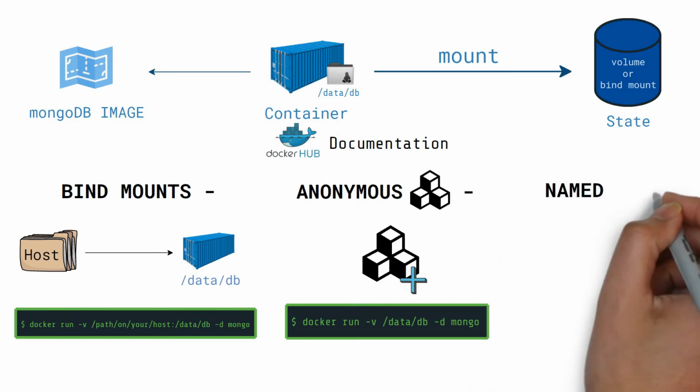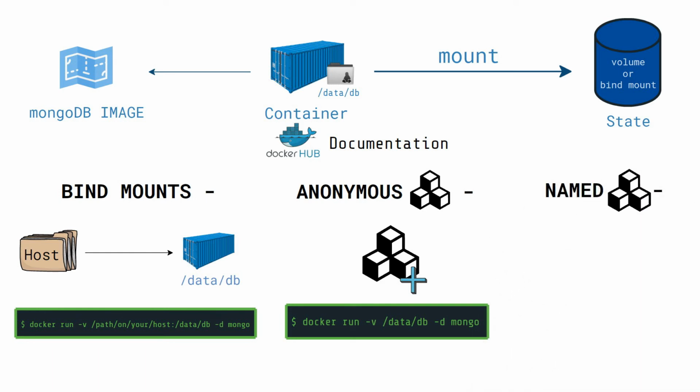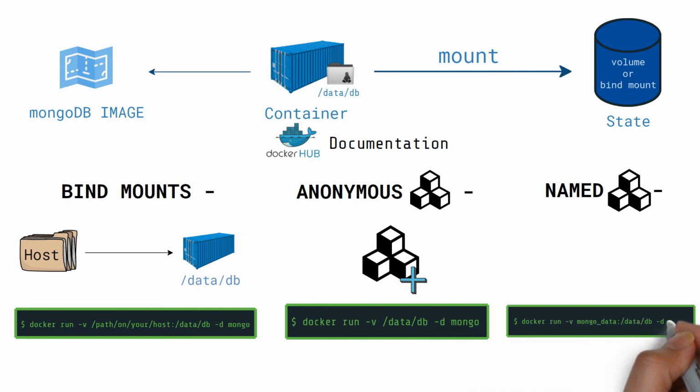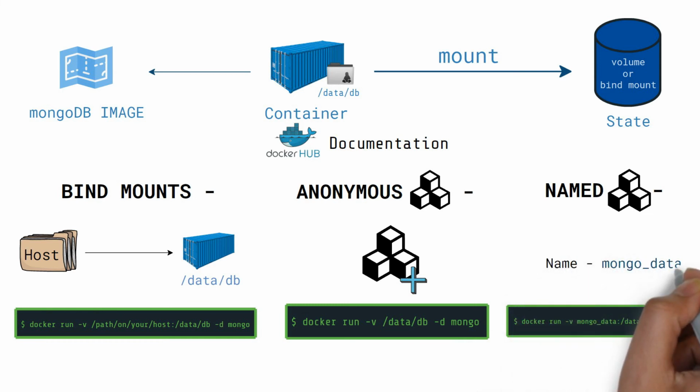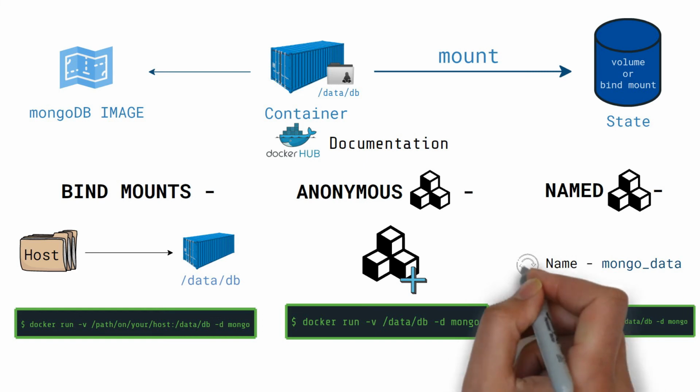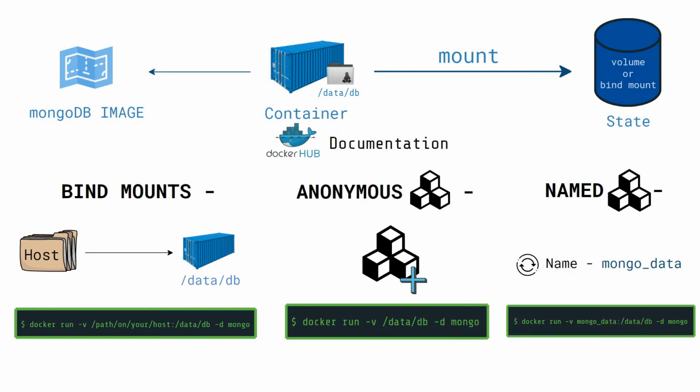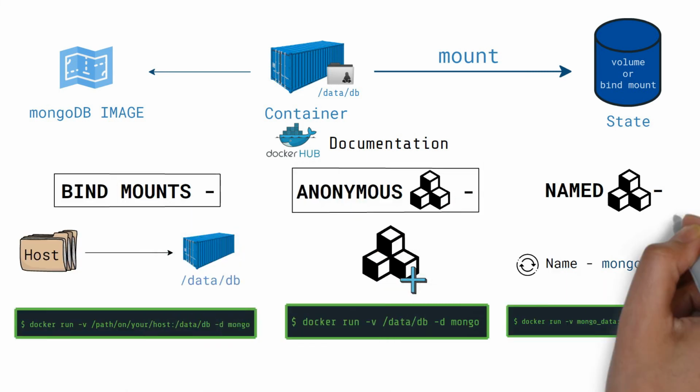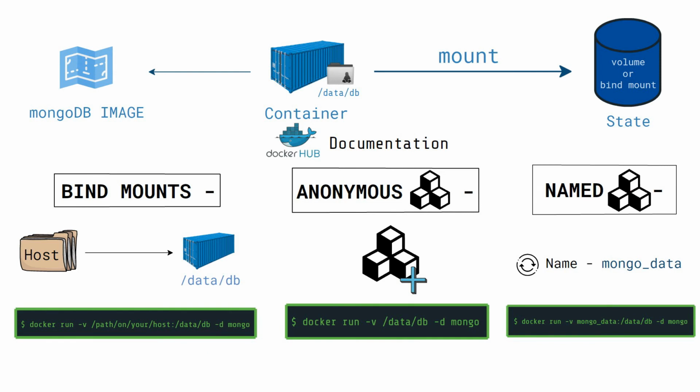And named volumes just require you to additionally specify the name of the volume, which in this case we are naming Mongo_data. If the named volume doesn't exist locally, it will be created automatically. And that's it. Any of the three solutions can enable persistence, but named volumes would be preferred as we had discussed previously.